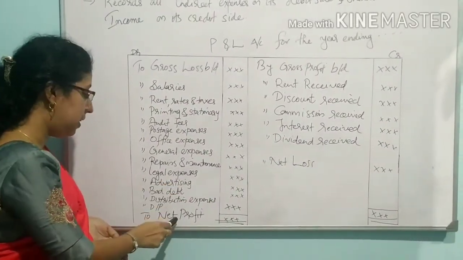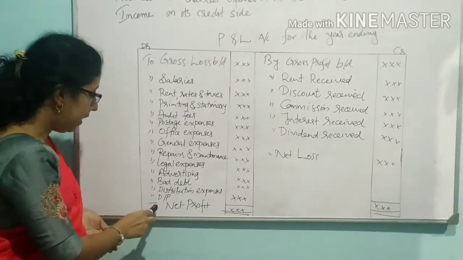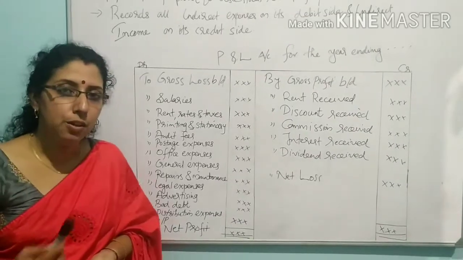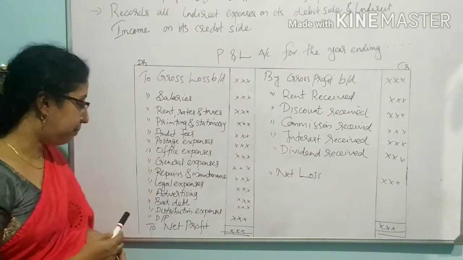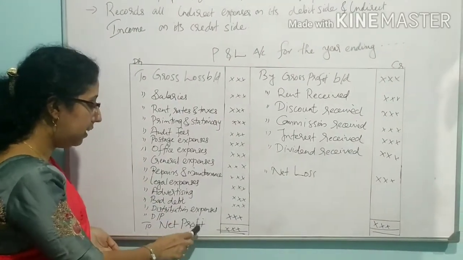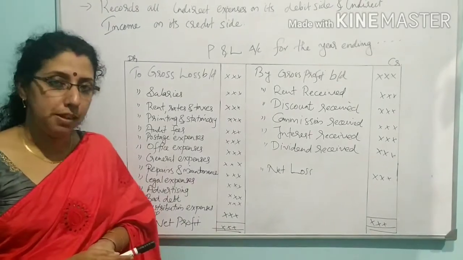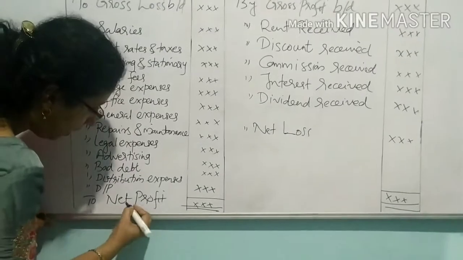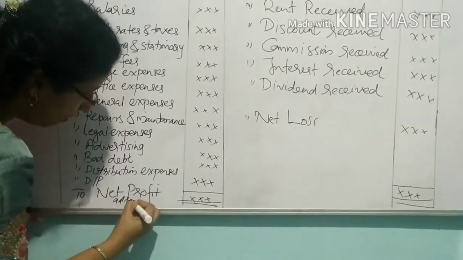The net profit. So we can write to net profit. This net profit should be carried to balance sheet. And this net profit can be added with the capital. Net profit is usually added to capital.